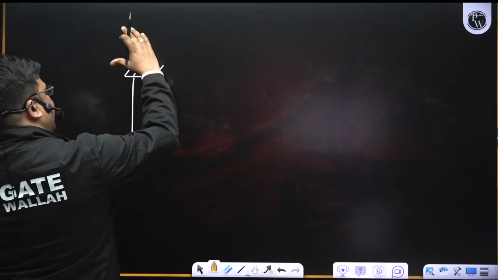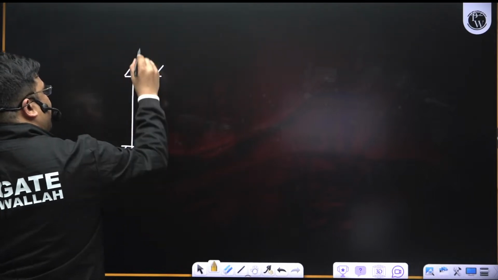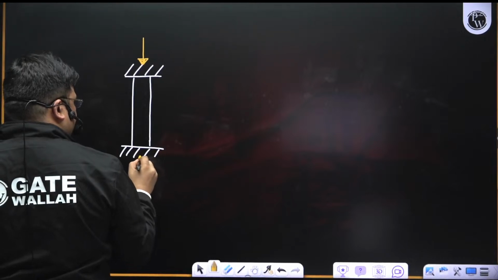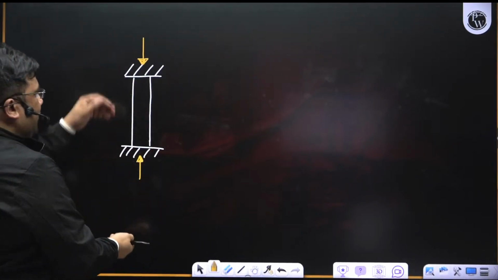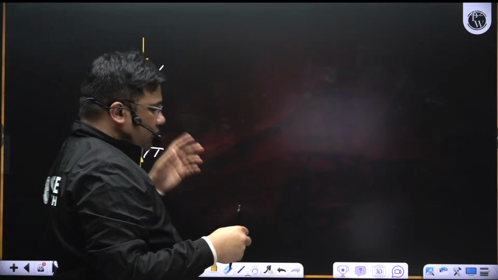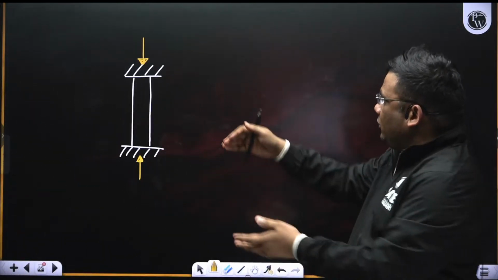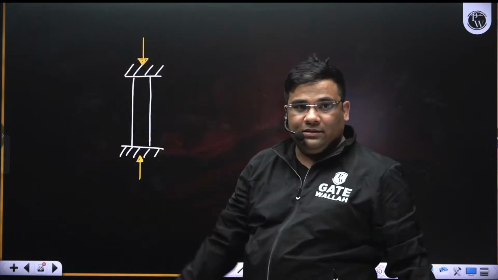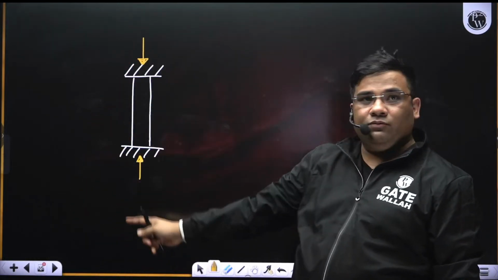When we increase the temperature, there will be thermal stress, na, which will be compressive. This is a column. If I increase the temperature, it will try to expand, but since it is fixed at both ends, what will happen?